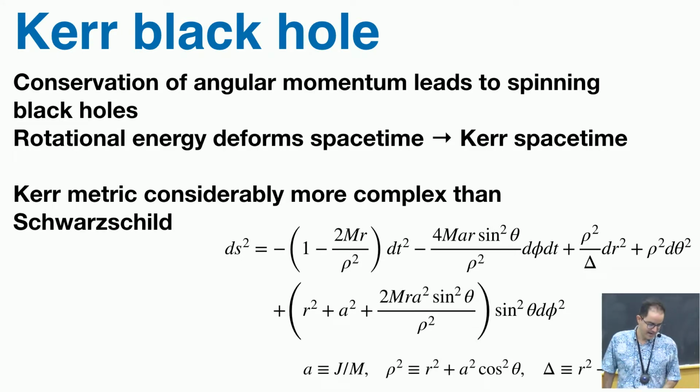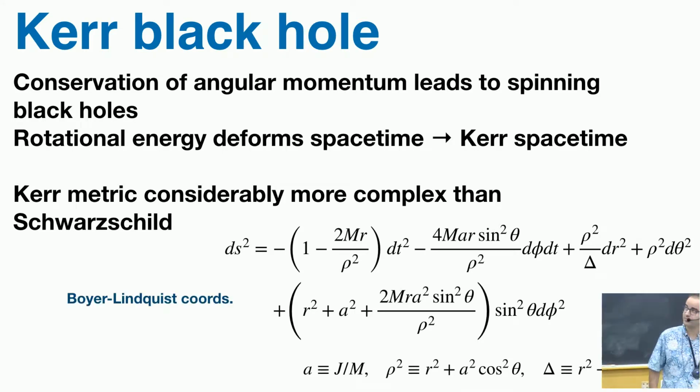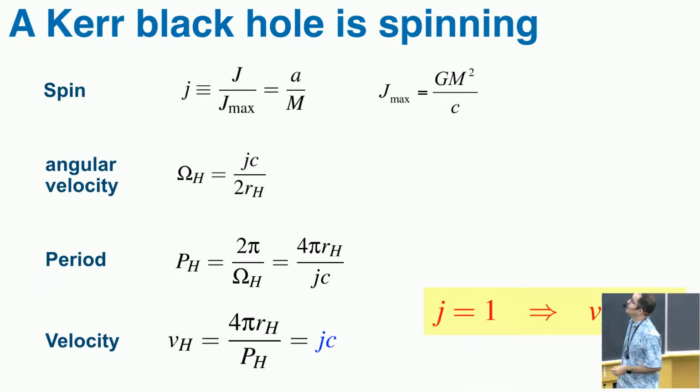Okay, the expression is a bit more complicated than the expression for the Schwarzschild spacetime. It's convenient to write this rho and this delta, and then you have this thing here. And a Kerr black hole you can really understand as a spinning object, okay?